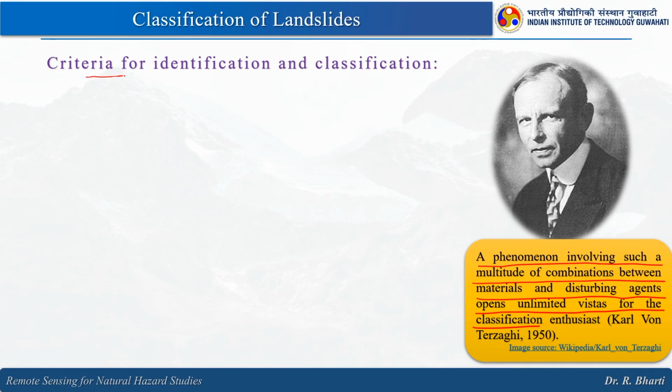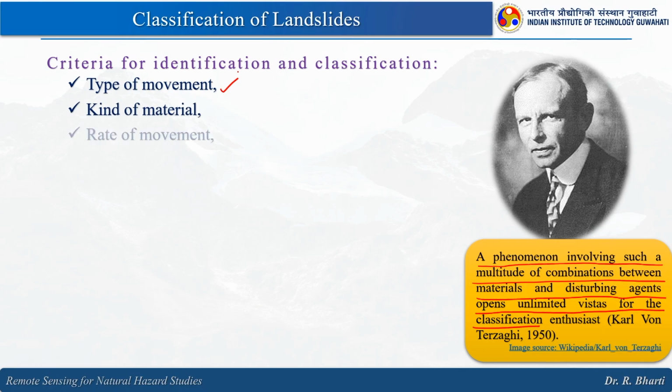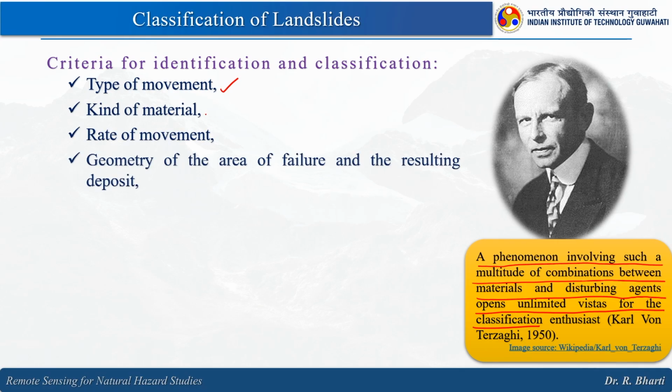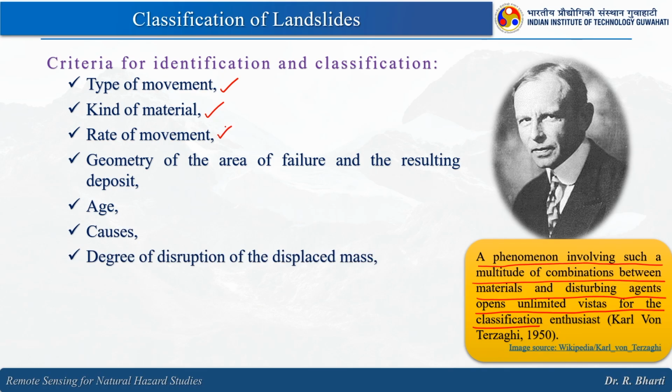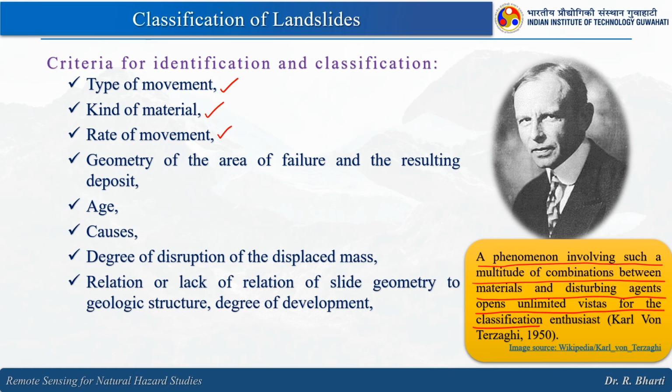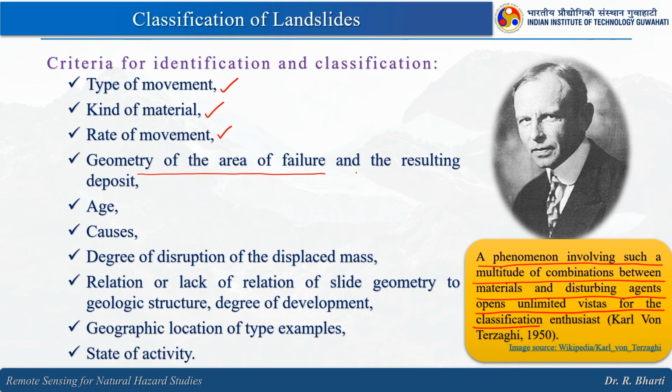Let us understand one by one. So, the criteria for identification and classification of the landslides. The first one is the type of movement, how the material is moving. Then comes the kind of material, what kind of material we have. Then rate of movement, at what velocity it is moving. Then geometry of the area of failure and the resulting deposits, right.